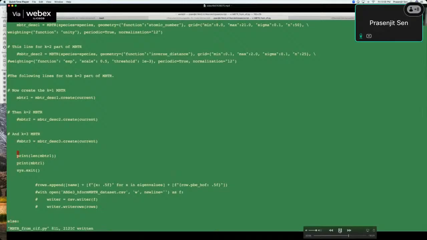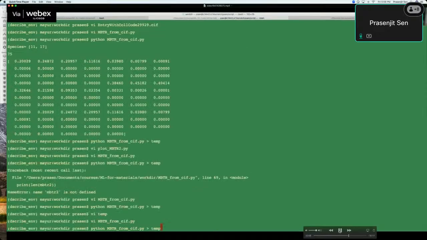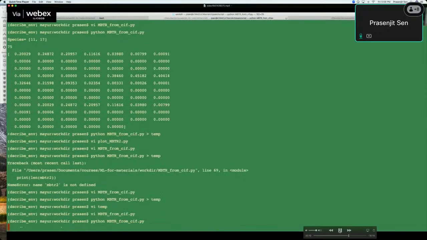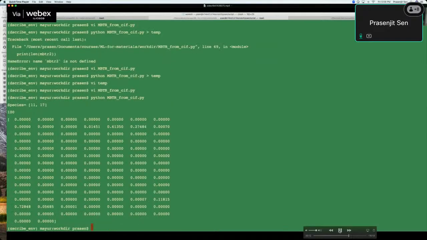So now I'm printing the length of MBTR1 and printing MBTR1. So let's see if it works. Yeah. So there are 100 grid points, and along those 100 grid points, which are just the Z numbers between 8 and 21, the limits I chose, it is calculating the F1 function.